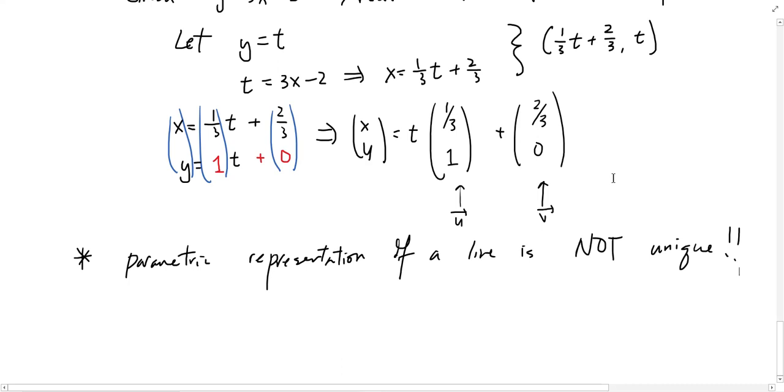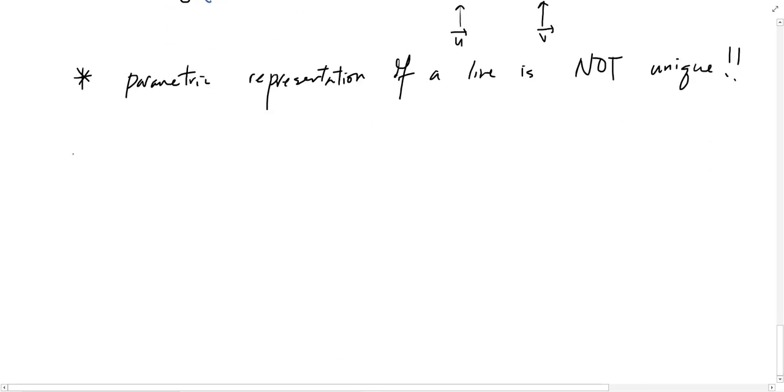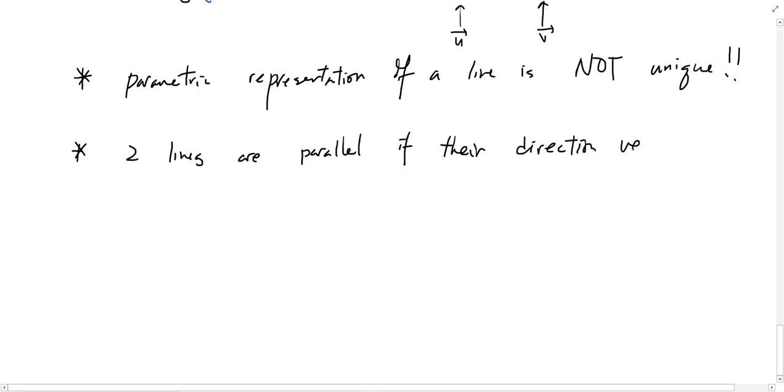So this is how. There are several important concepts that you have to write down for yourself. How do I tell two lines are parallel in parametric form? Two lines are parallel if their direction vectors are multiples of each other.